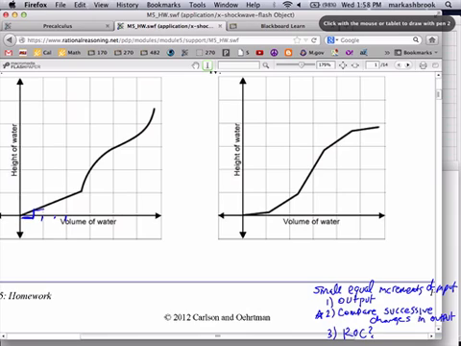I'm going to add another little amount of water. What will happen to the height? Up or down? It's going to go up. And then question 2, how does the new change in height compare to the previous change in height? It's the same.